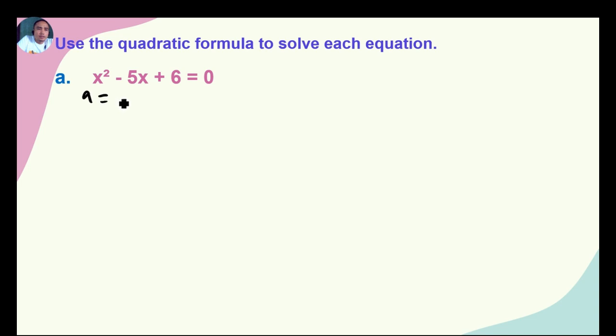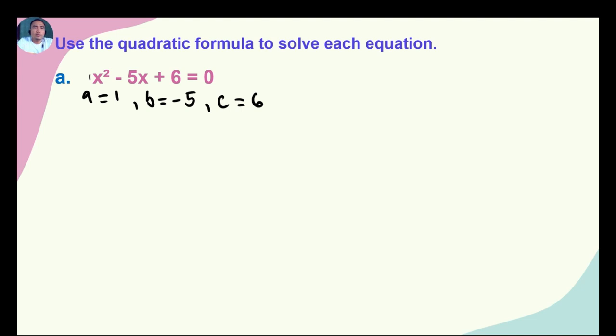Our a here is 1. If you cannot see a number with the variable, it is understood that there is a 1 there. Our b is negative 5, and the value of c is 6.